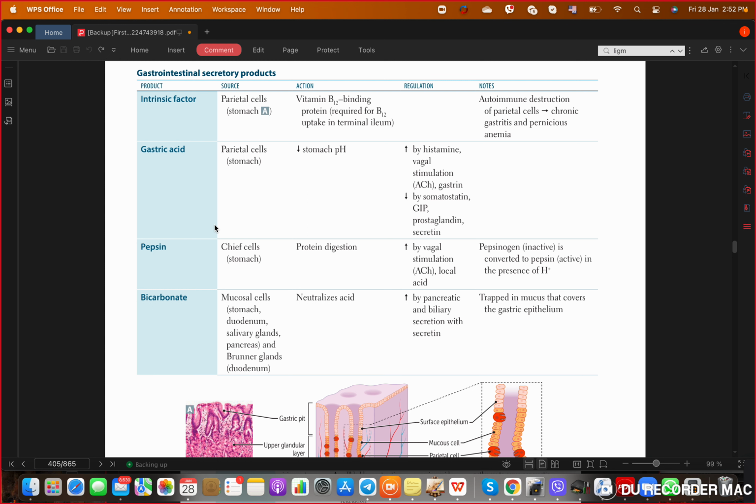Why? Because secretin turns off the stomach, turns on the duodenum. Done. So the bicarbonate is trapped in the mucus that covers the gastric epithelium, which is super important to protect the gastric epithelium from the acidity of the stomach. Yes? Yeah, doc.